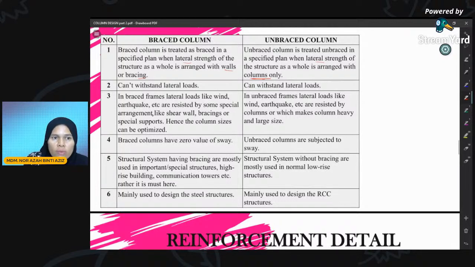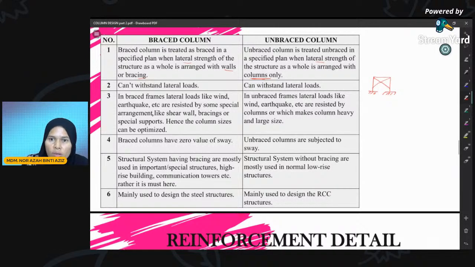That's why we have shear wall and bracing. So let's say we have a column and we have a bracing here. The braced column can't withstand lateral load, so that's why we install the shear wall or bracing on it.